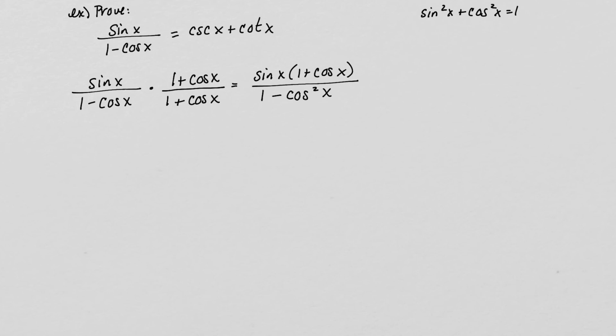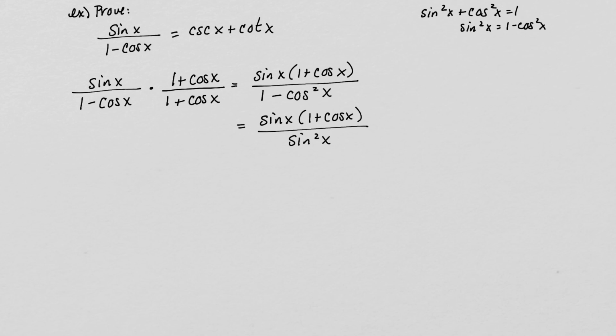So if you move that cosine squared over, you would have that sine squared x is 1 minus the cosine squared x. And I happen to have that on the bottom, so that is going to turn into sine x times 1 plus cosine x all over sine squared x.